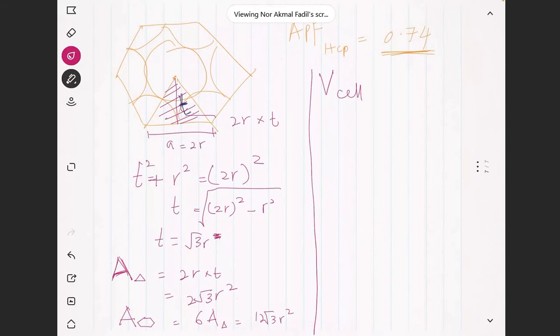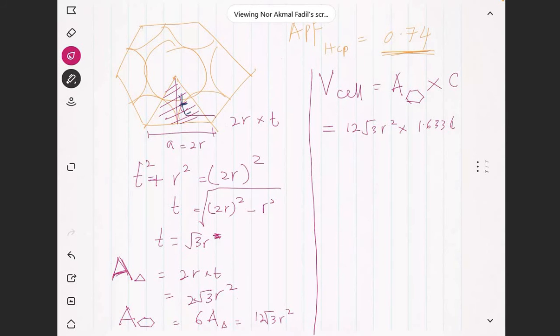So the volume of the cell is equivalent to the area of the hexagon multiplied by C. It is equivalent to 12 square root 3 r squared, and C equal to 1.633. So equivalent to 12 square root 3 r squared multiplied by 1.633.